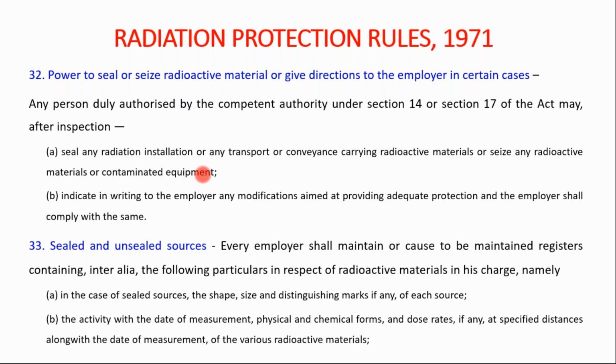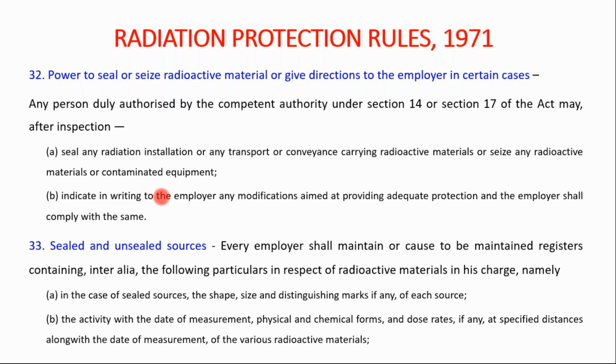So whatever the conditions observed by the employer and the competent authority, from that condition you can decide whether to seal this radiation installation, or for transporting some of the material, or for the contamination, or for a radioactive waste material. So whatever the condition is, if it is decided that it should be sealed, then the employer has the authority from the competent authority that he can ask an expert person to seal that radioactive material.